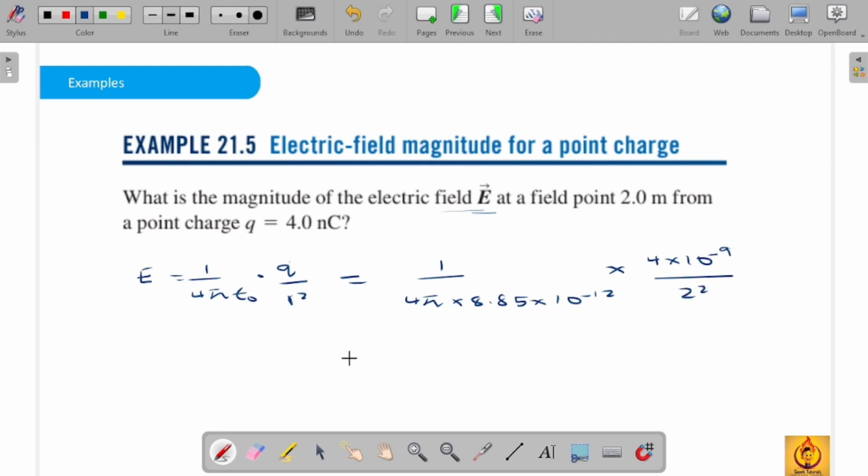The answer is 9 newtons per coulomb. Alright, that's all. Okay, so this is the magnitude. It's not in vector form. Now, are there any questions on this one?